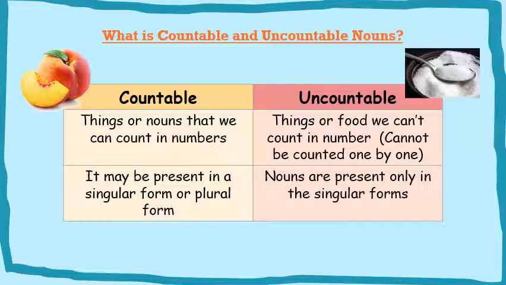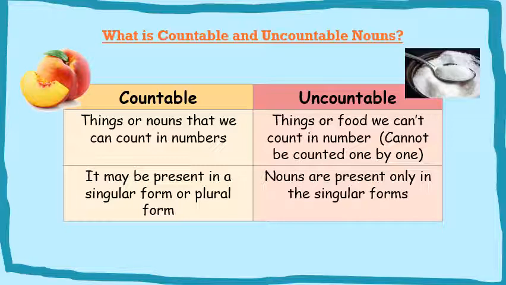Countable nouns are things that we can count in numbers. As an example, look at that picture. There's a peach. One peach only. It may be present in a singular form or plural form.